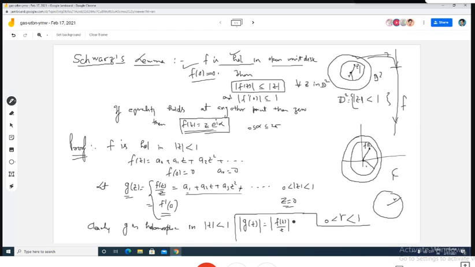So this will be less than or equal to 1 upon r. Is it okay to everybody? This modulus of g(z) is less than or equal to 1 upon r.